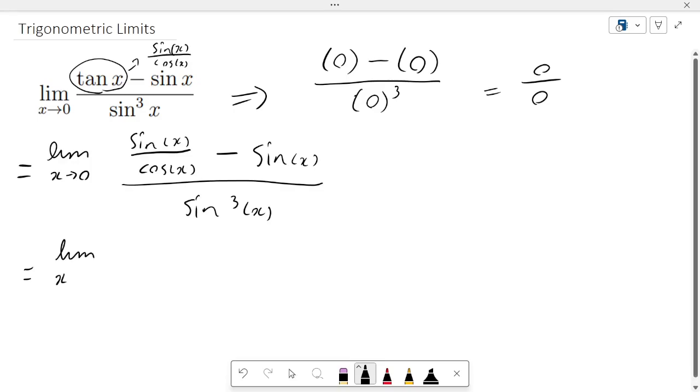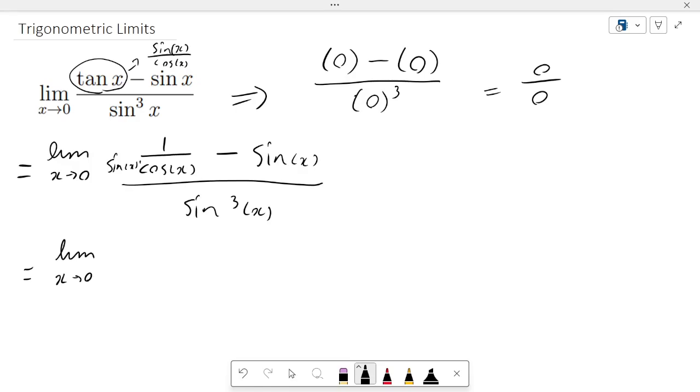The second step that we are going to be taking over here is that we are going to write this like so. I'm going to just change it over here, if you don't mind. It's actually going to be sine x multiplied by 1 over cos of x. We're going to just take the sine out of the fraction and write it as multiplied.